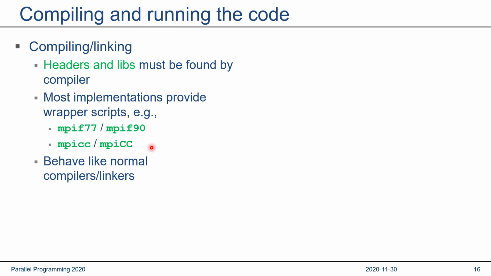But the good thing is they know where to find the headers and libraries, so that's not something you need to think about if you use these wrappers. The names of these wrappers are not defined by the standard. They are also not normalized, though there are some common choices like mpicc, but you never know. So that's something you have to look up.